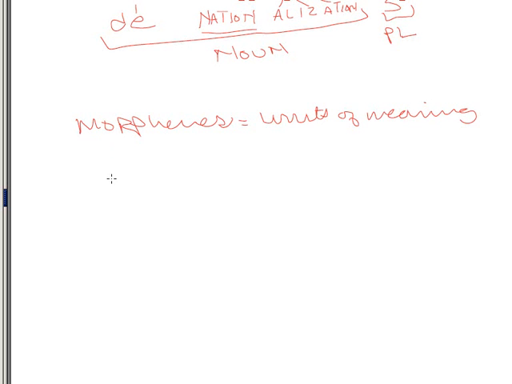For example, in the case of the word cat, let's start with cat. This collection of letters or sounds is going to give us one morpheme, and I'll abbreviate that as morph. There's only one morpheme in there. Now, we have to ask ourselves what kind of morpheme it is. Is it free or is it bound? Well, I can say cat and it has meaning, so it is free. So this is one free morpheme that we're dealing with.